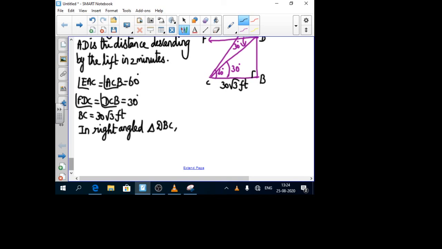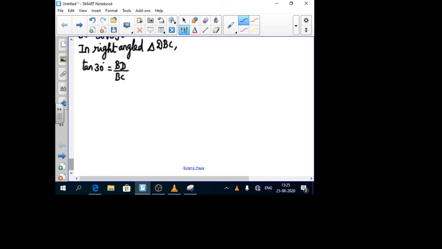So in triangle DBC, tan 30 degree equal to opposite side by adjacent, that is BD by BC. Tan 30 is 1 by root 3. BD value we don't know, so keep it as it is.